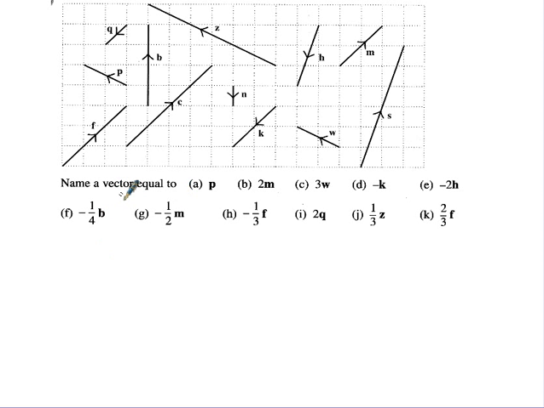Since every vector is described with its magnitude and a direction, we can say the two vectors, say a and b, will be considered equal if they have the same length and also the same direction. So for example, if two vectors like this have the same length but different direction, we would say they are different things.